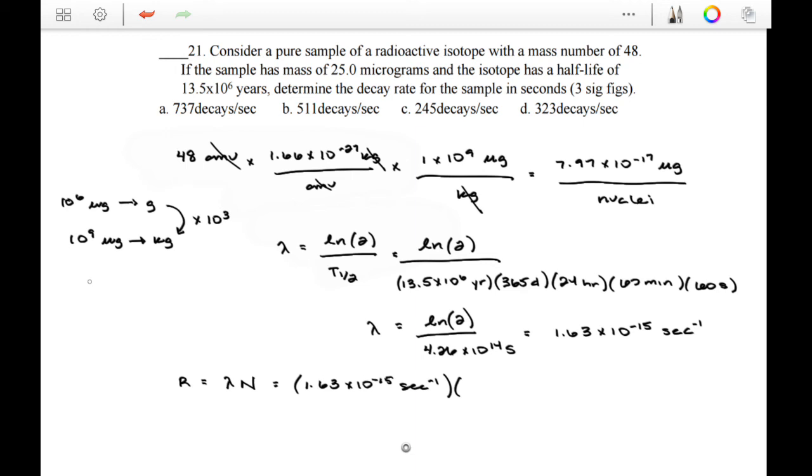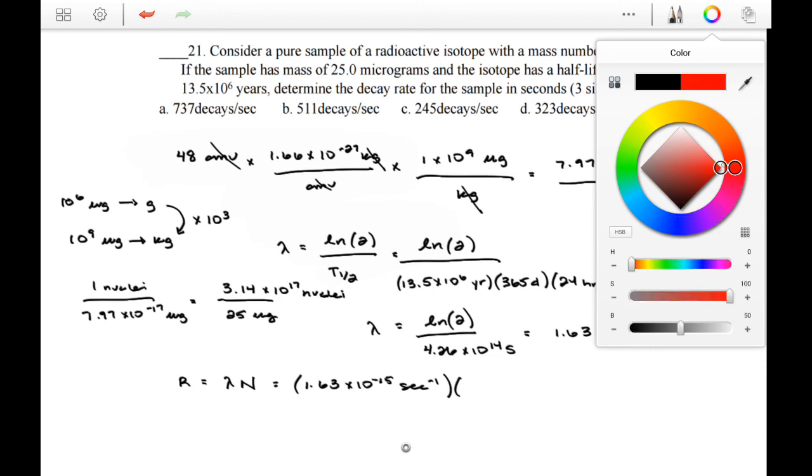To do that, we'll put 1 nuclei over 7.97 times 10 to the negative 17 micrograms is equal to the unknown over 25 micrograms. This will give us a value for nuclei that is 3.14 times 10 to the 17.